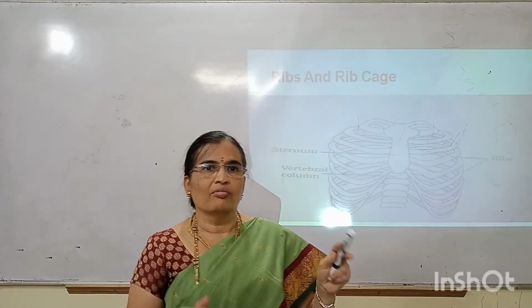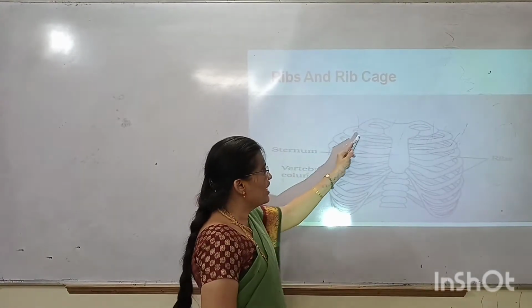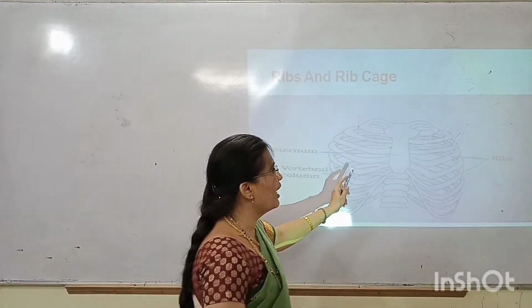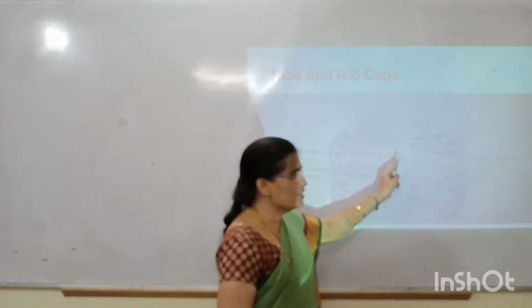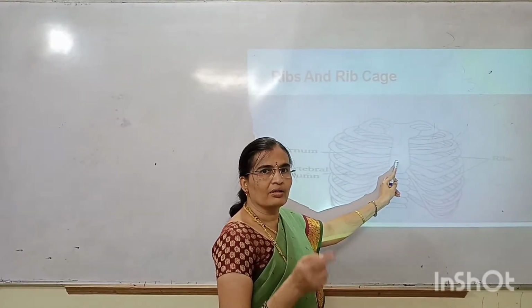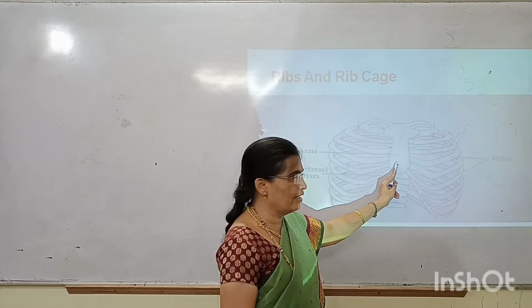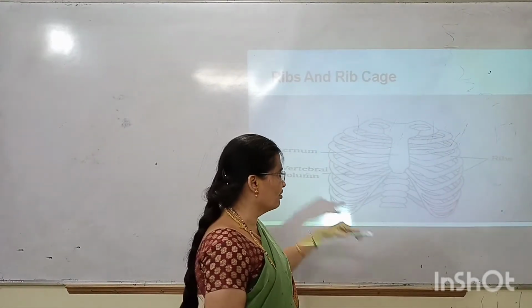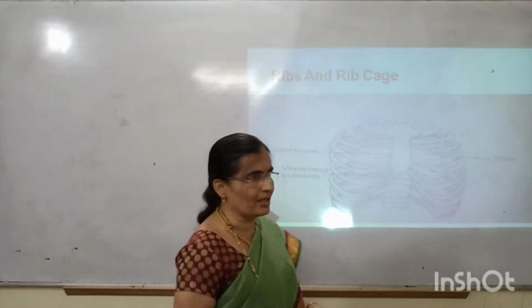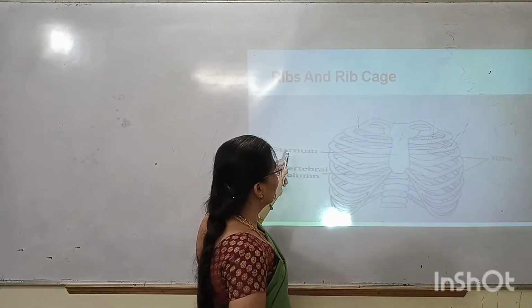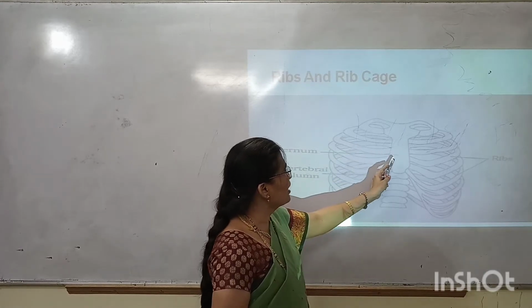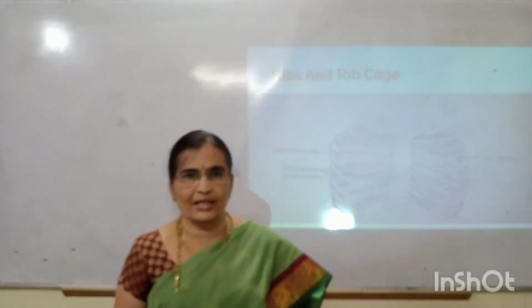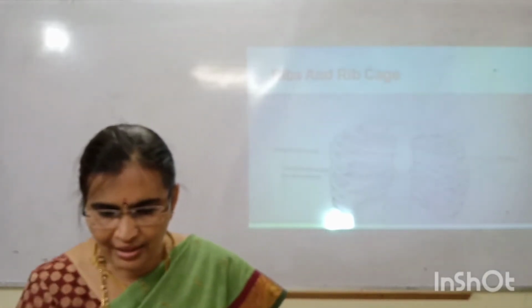The first 7 ribs are attached to the sternum with the help of hyaline cartilage.